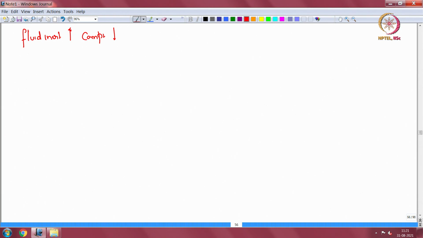So let's try a further closer range, that is m is equal to order epsilon squared. We'll try this range. So we'll make this m as epsilon square n, again where n is an order 1 quantity.